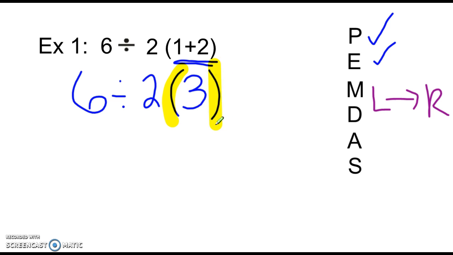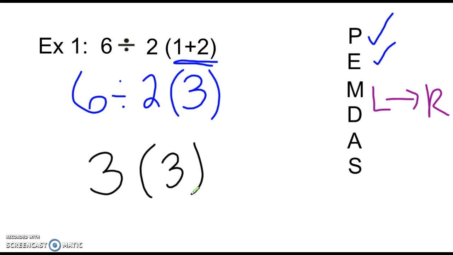So in order to move left to right, we first complete 6 divided by 2. When we type it into our calculator, we come up with 3. Then we have the 3 to bring down from our problem, and we're left with multiplication. 3 times 3 is going to give us our final answer of 9.